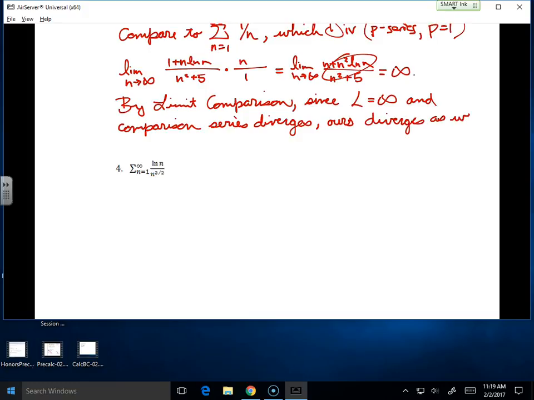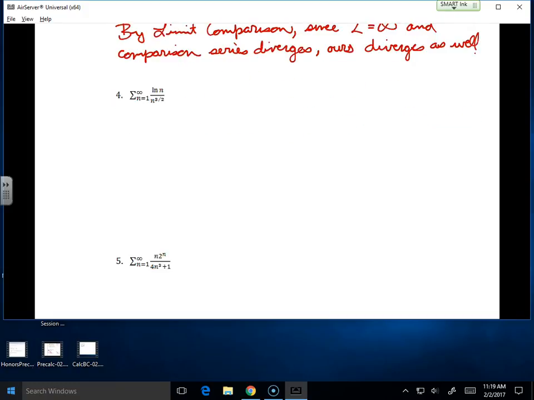Okay, now on the second one. Next one, ln of n over n to the 3 over 2. What do you guys end up comparing to? 1 over cube root n. What does that do?